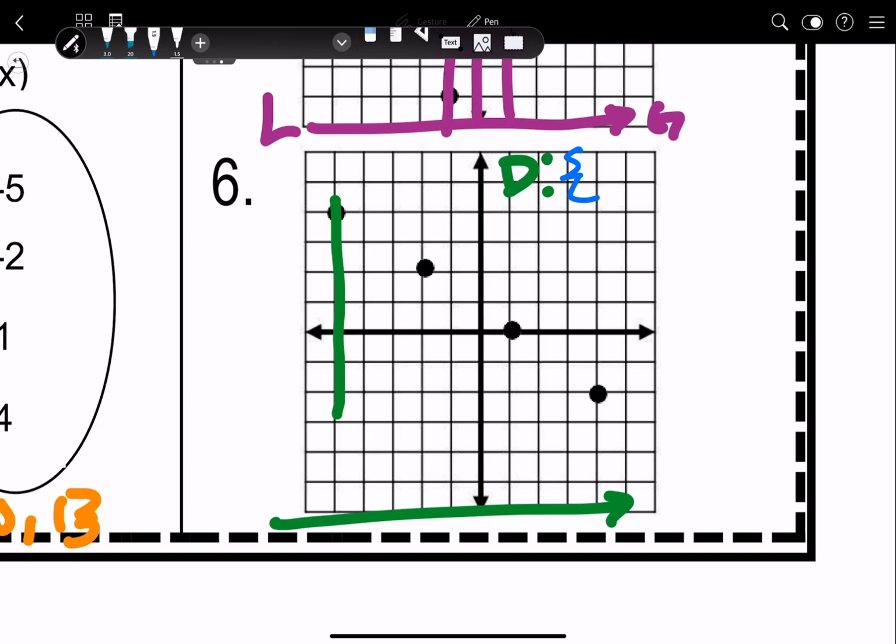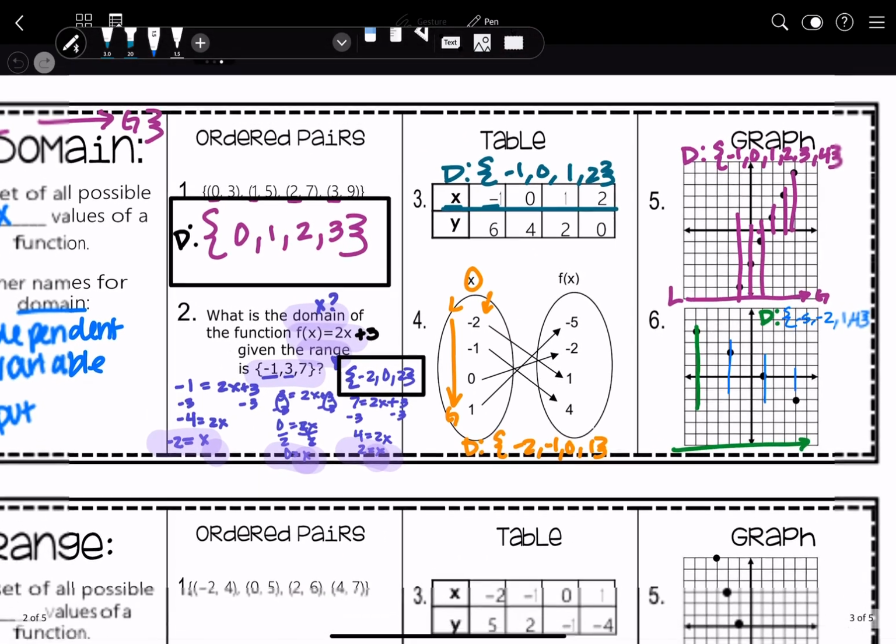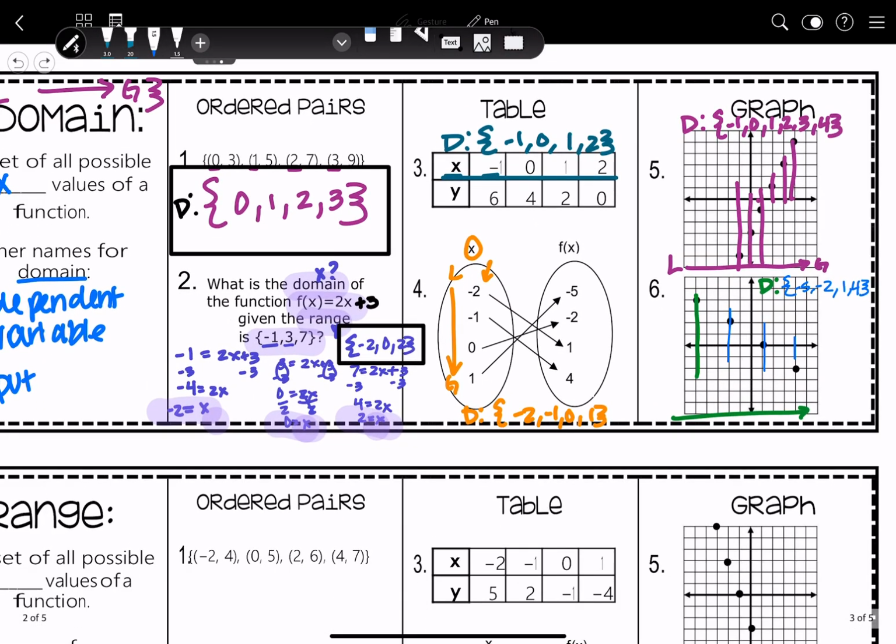And because my blue is a little bit thinner, I'm going to keep writing in the blue. Negative 5, then this one's at negative 2. And notice how I'm moving from left to right here, so it helps me keep it in least to greatest order. Then I've got it at 1. And lastly, right here, I have it at 4. And here is your domain. It's really that easy when you're working with discrete, guys. You're just counting and putting things in numerical order.